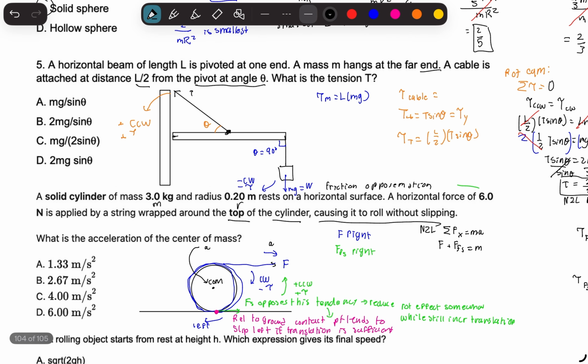Your answer is going to be 2 mg over sine theta.